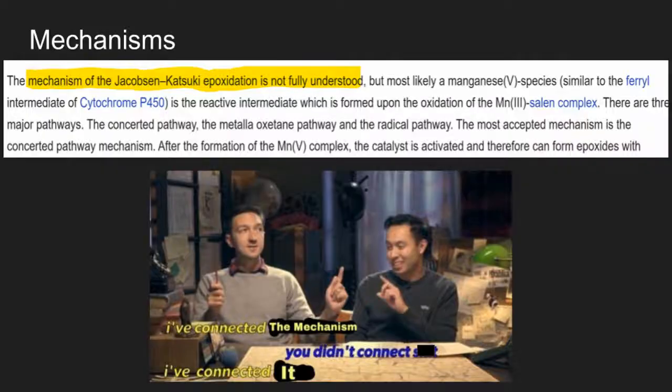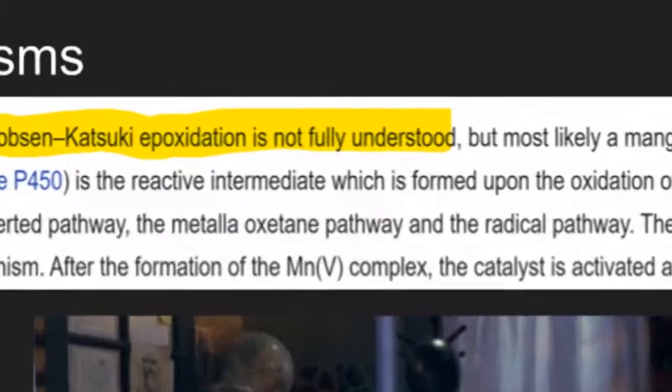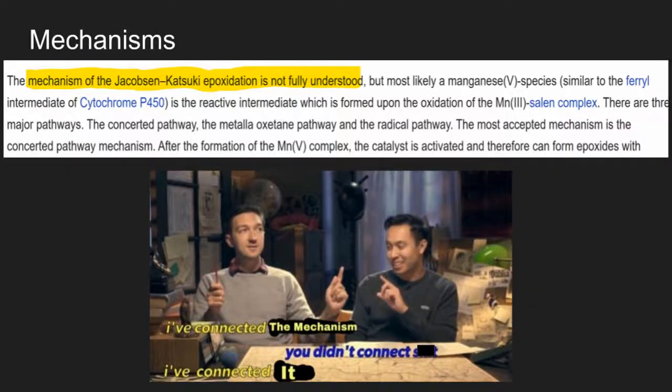The mechanism of the Jacobsen epoxidation is still not fully understood, but it is likely that a manganese-5 species acts as a reactive intermediate for our catalyst, the manganese-3 salen complex, after it has been oxidized by chlorine bleach or a similar oxidant. This allows our catalyst to react with and form epoxides with cis-alkenes.